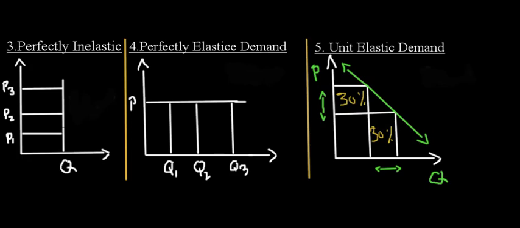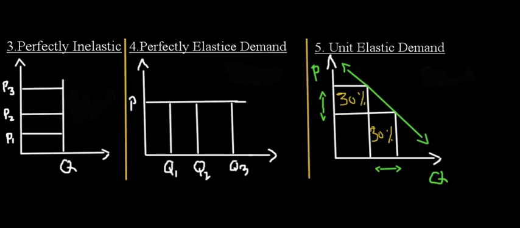No matter if the price level is at P1, P2 or P3, the quantity demanded of the product remains the same. Products are completely insensitive to price. Price elasticity of demand becomes zero in perfectly inelastic demand.